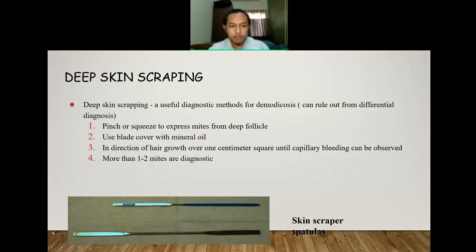Then, in the direction of hair growth, over 1 square centimeter of area, we scrape along the direction of hair growth until capillary bleeding can be observed. In deep skin scraping, more than 1 to 2 mites are considered diagnostic for demodicosis.